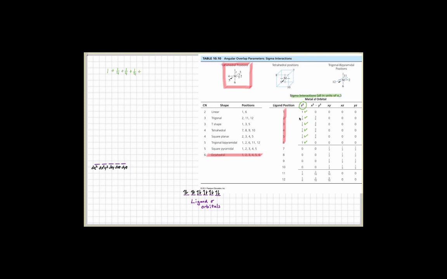So adding those up, we get a total of 3 E sigma as the amount that the dz squared will be raised in energy, and that's how we calculate that. So we'll draw in another dz squared raised in energy by 3 E sigma above its original position before the interaction with the ligands.